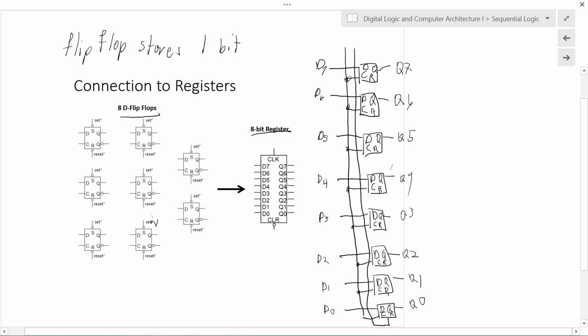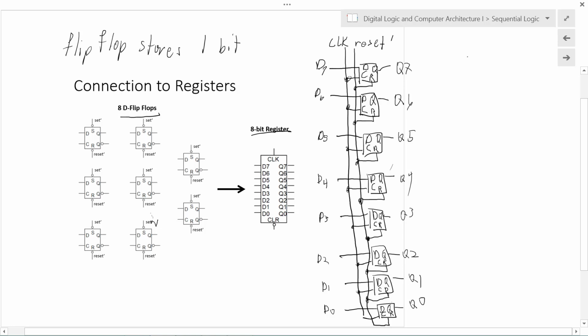Our reset signals on all our flip-flops all connect to the same reset signal at the higher level. So clock, reset.